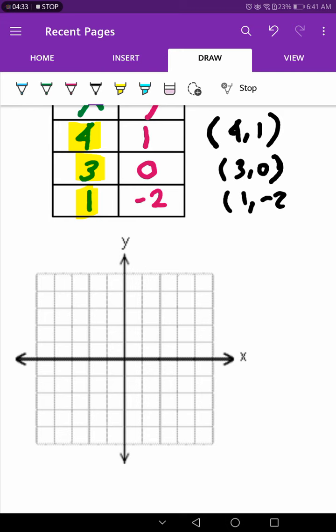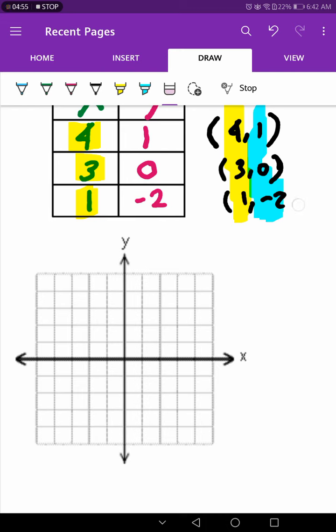Yes, we call them ordered pairs. We plot the ordered pairs in the xy coordinate plane. The x is for left and right, and the y is for up or down. Up for the positive, down for the negative. Remember that.